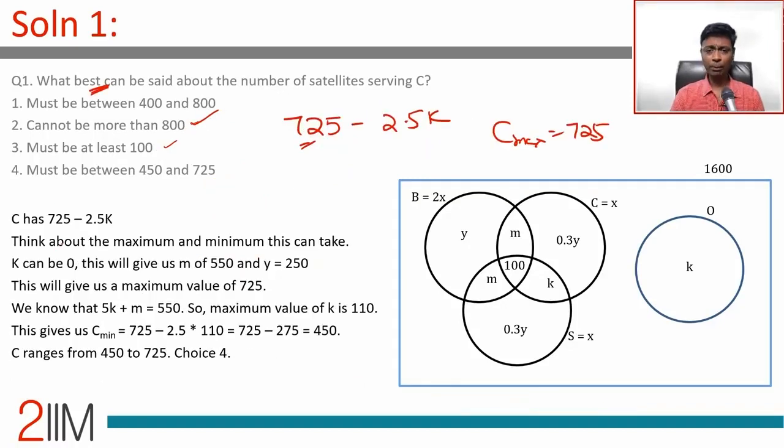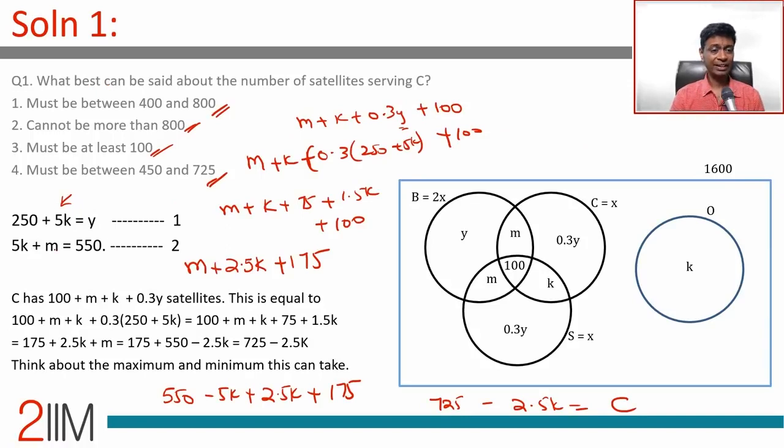Now, to find the minimum, k should be maximum. So think about this. 5k plus m is 550. If you put m as 0, k will be maximum. So k max is 110. So we could have 110 as k and y as 800.